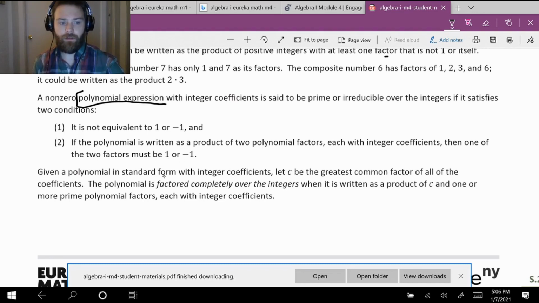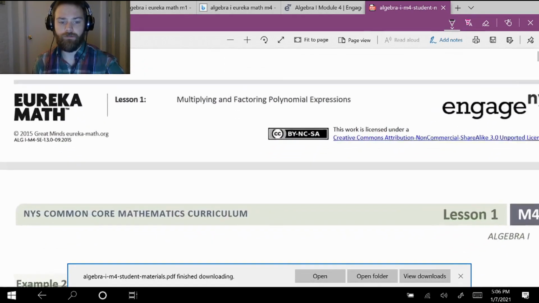Given a polynomial in standard form with integer coefficients, let C be the greatest common factor of all the coefficients. The polynomial is factored completely over the integers when it is written as a product of C and 1 or more prime polynomial factors, each with integer coefficients.